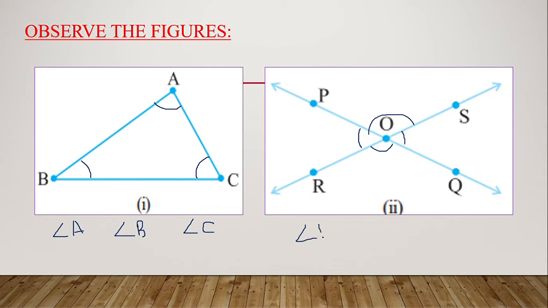We say angle POS, then angle POR, then angle ROQ, and angle SOQ. So these are the four angles we can see in this figure.